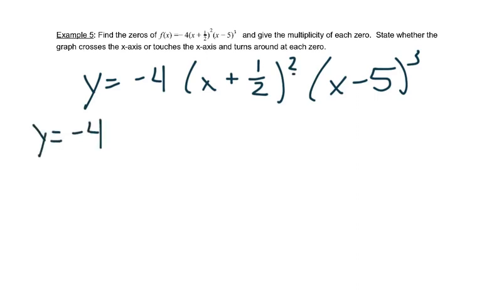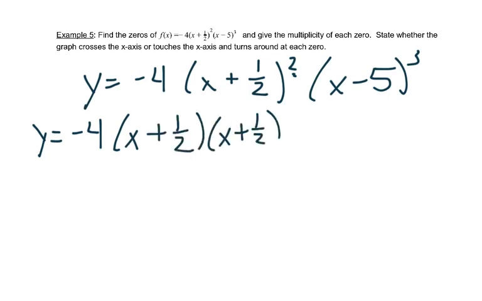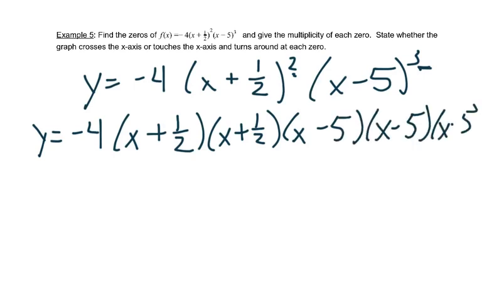This exponent of 2 really means that that parenthesis is there 2 times. And this 3 really means that that piece is really there 3 times. And if we're finding zeros, it means that we're making it equal 0. So we wouldn't have y there, we'd have 0 there.